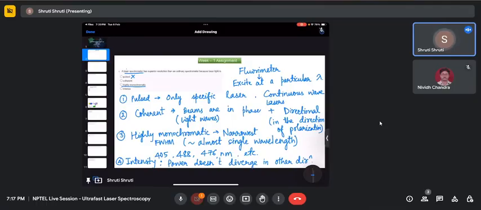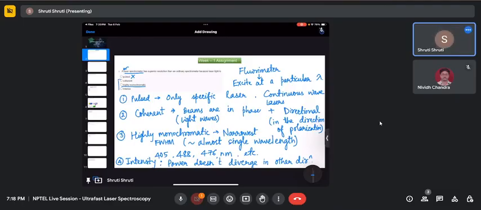Suppose this is the potential energy and this is the reaction coordinate, and this is the energy level of the reactants and this is the energy level of the product. So this is the activation energy required for the reaction.